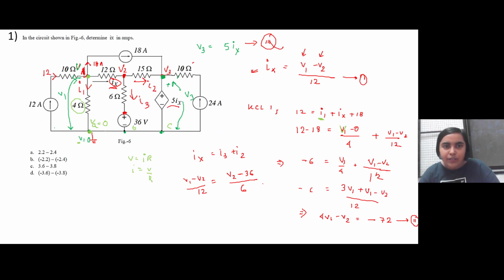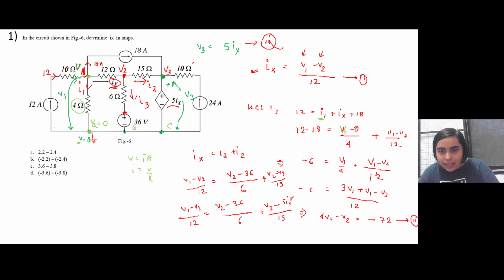And I2 will be equal to (V2 minus V3) by 15. Now we already know what V3 is, it is 5ix. So (V1 minus V2) by 12 equals (V2 minus 36) by 6 plus (V2 minus 5ix) by 15.